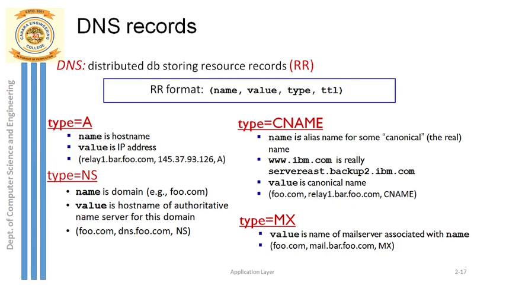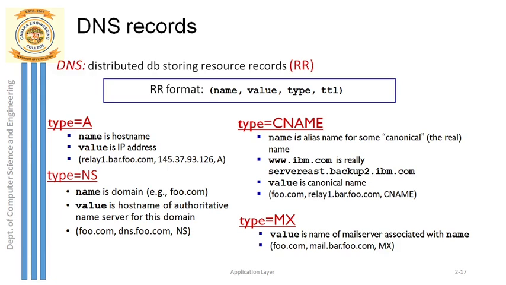Now tell me, this type A record, in which type of DNS server will it be stored? Is it in the root DNS server, or will it be stored in the TLD server, or is it stored in the authoritative DNS server? In this type A record, you get a direct mapping from host name to its IP address. This is what we are expecting as a user, the IP address, right?